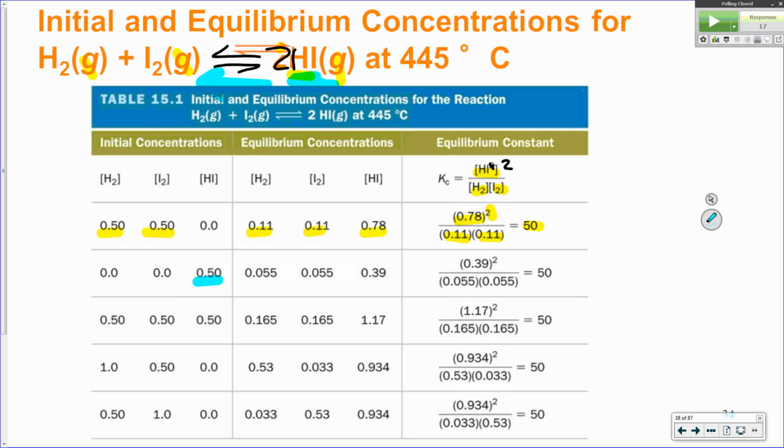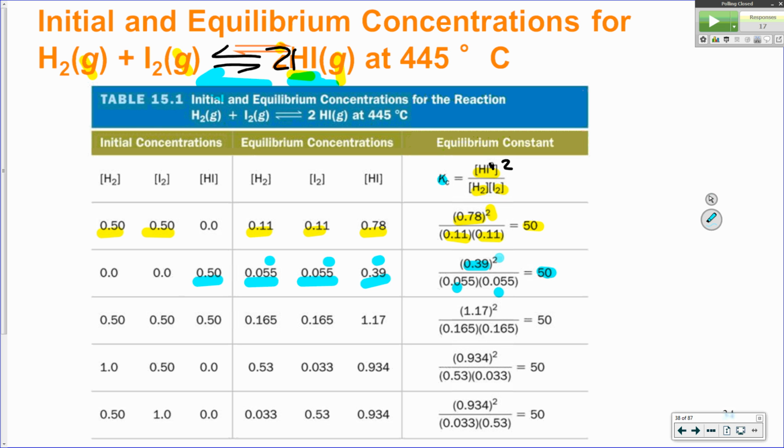In the process of doing that, it makes 0.055 moles of H2, the same number of moles of I2, and the concentration of HI decreases from 0.5 to 0.39. If I plug those concentrations back into the same K sub C expression, products squared over the reactants, and divide it out, I get the same value of 50.